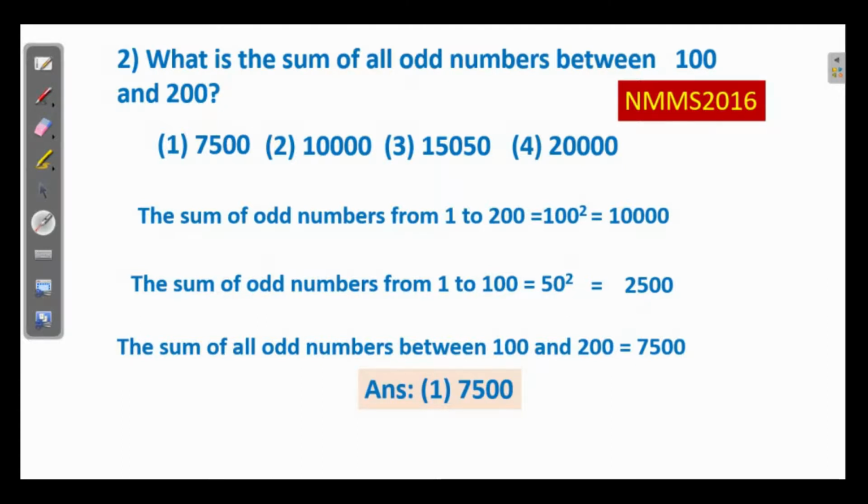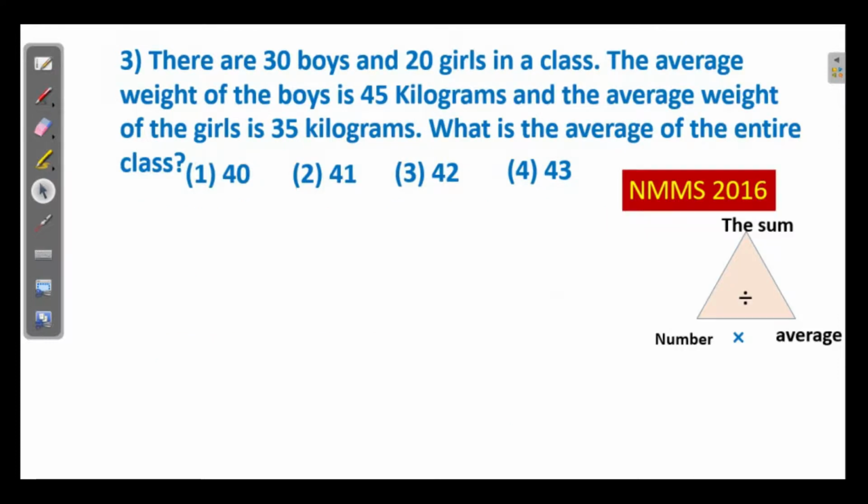The third question is, there are 30 boys and 20 girls in a class. The average weight of the boys is 45 kilograms and the average weight of the girls is 35 kilograms. What is the average of the entire class? We know the sum is equal to number into average.